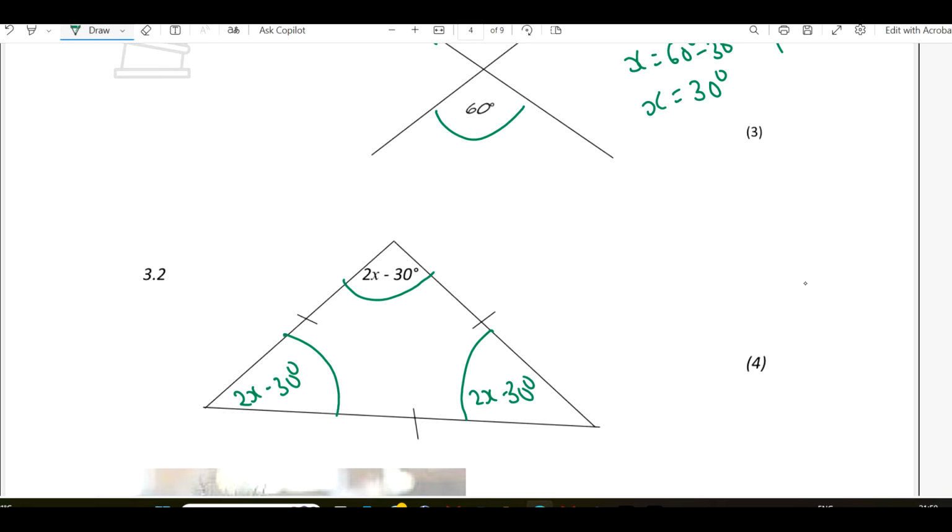And then the sum of angles inside a triangle adds up to 180. So 2x minus 30 degrees plus 2x minus 30 degrees plus 2x minus 30 degrees, everything adds up to 180.